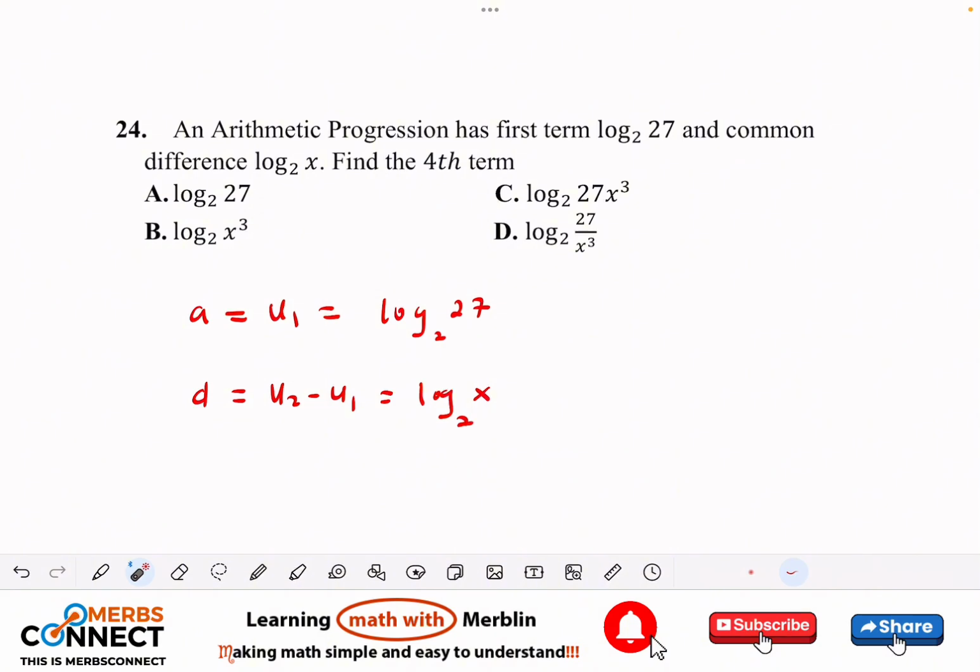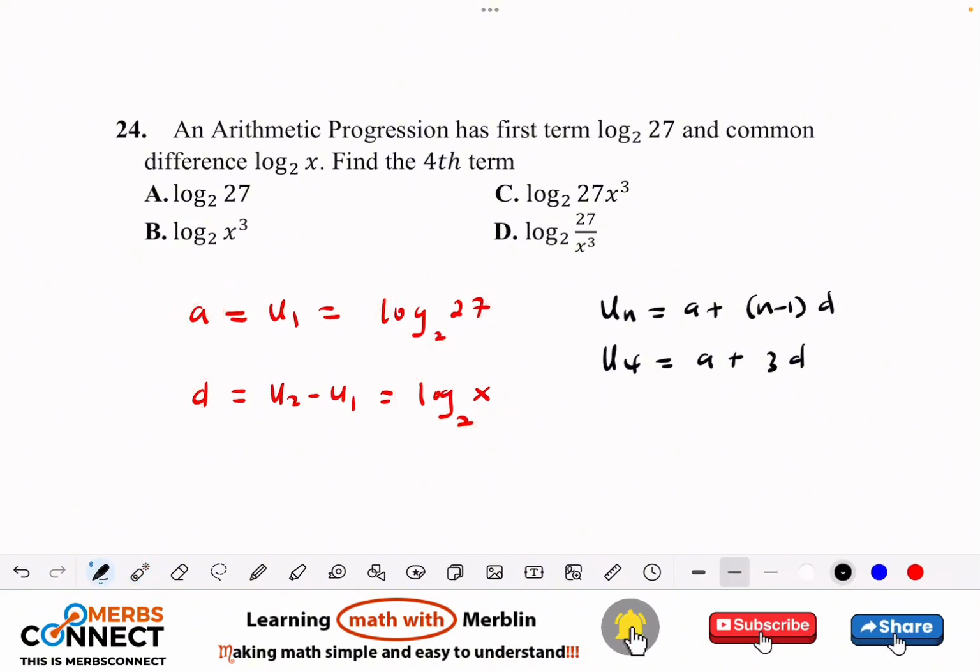What we need to find is the fourth term. We know that Un is equal to a plus n minus 1 d. Since we want to find the fourth term, n is 4. So this is going to give us this plus 3d. We know a, we know d, so let's just do substitution. Log base 2 of 27 plus 3 times log of x base 2.